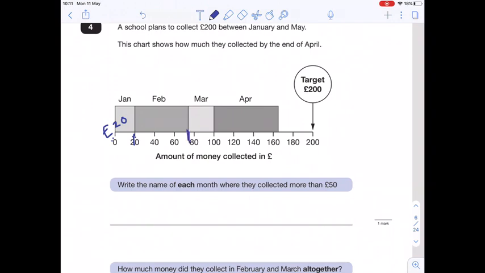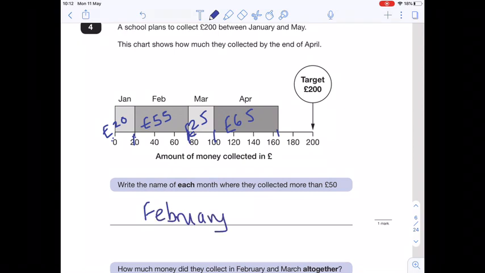So let's say that's 75, that could be £55. And in March, they went from 75 to 100. So that would be £25. And in April, they went from 100 to about 165. So that's £65. Okay, so each month where they collected more than £50, you should have had February and April.